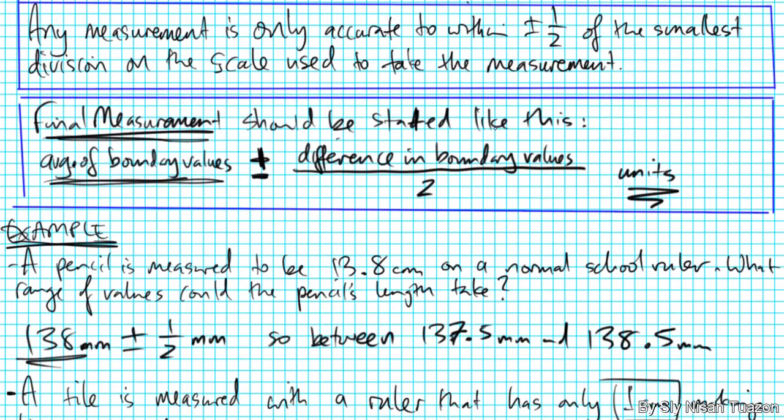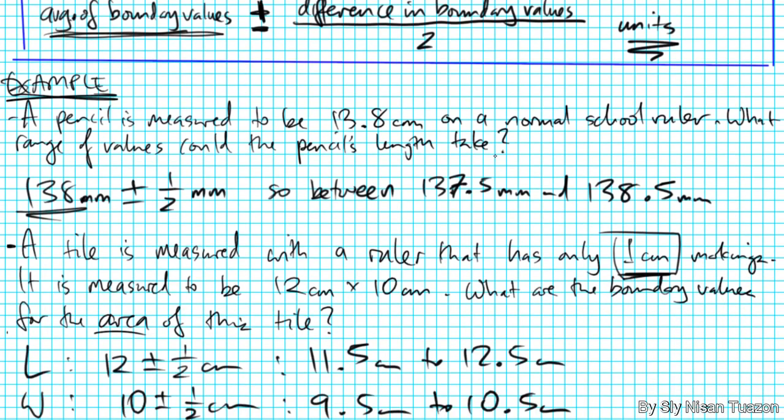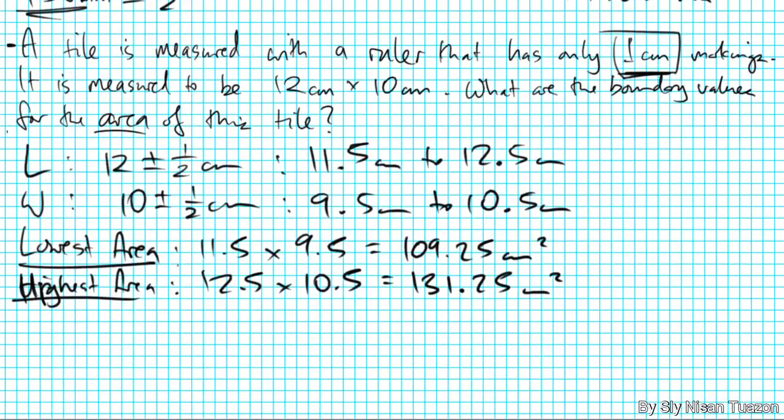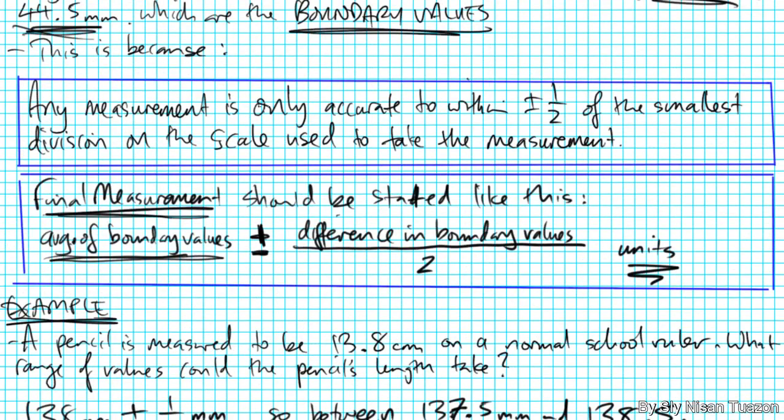If I wanted to just state the final measurement, I just need to average the boundary values plus or minus the difference in the boundary values. Okay, so if you were asked to just state the measurement, not the boundary values, it would be the average of the upper and lower boundaries, so 109.25 plus 131.25 divided by 2, because there's 2 numbers, plus or minus, and the plus or minus is going to be half of the difference between the boundary values.